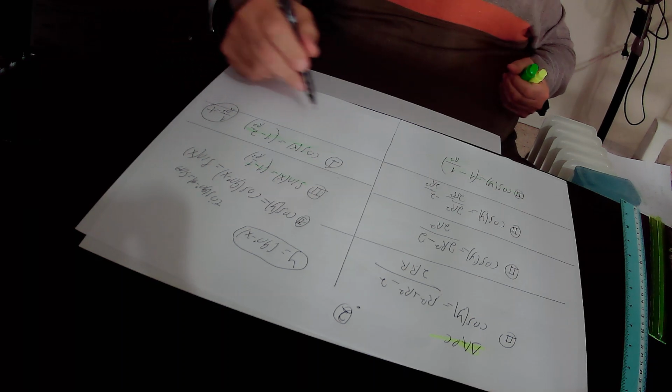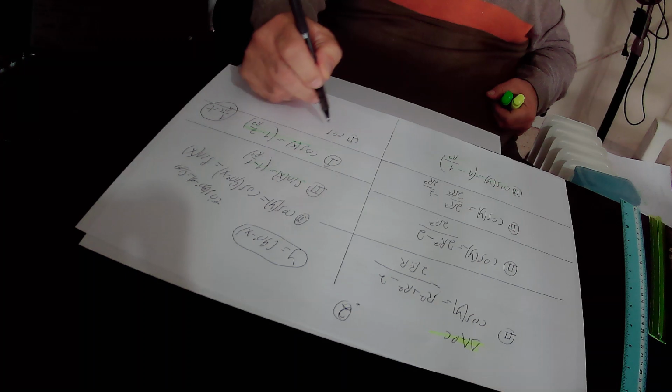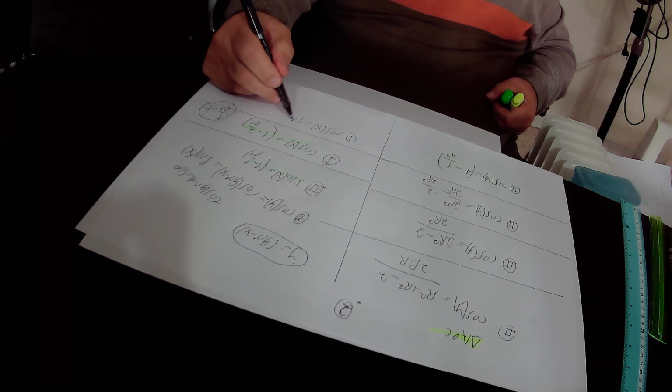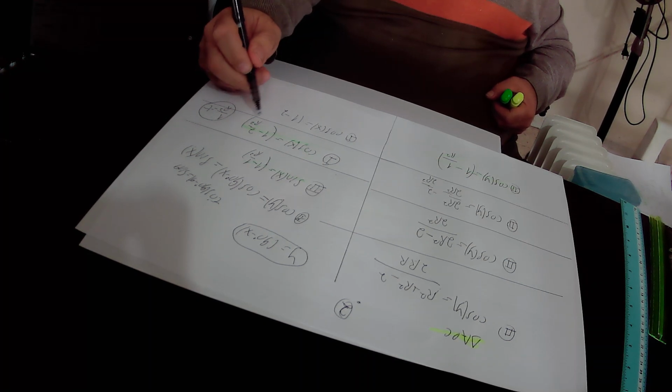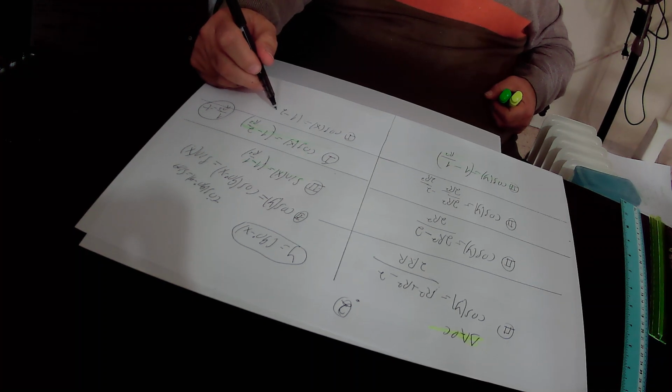And you get that according to equation number 1, cosine x equals 1 minus 2 times 1 over r squared. And 1 over r squared is t, so it is 1 minus 2t.